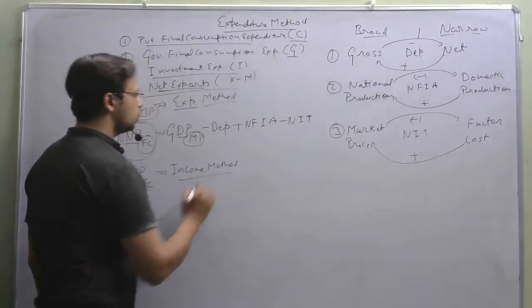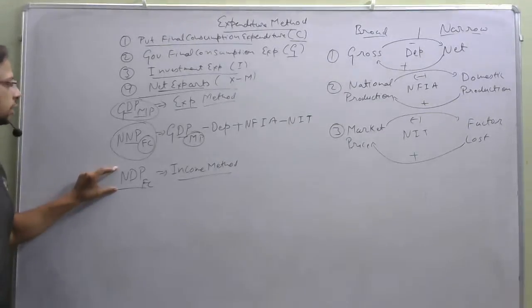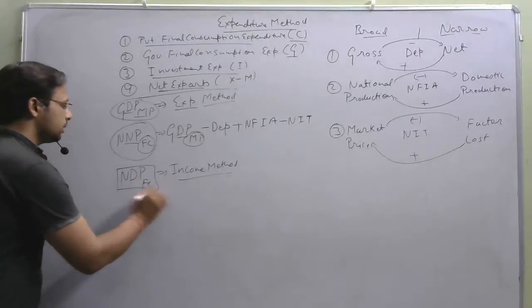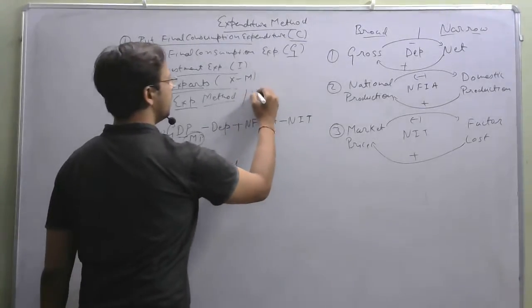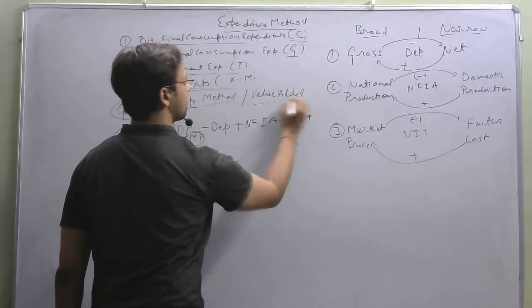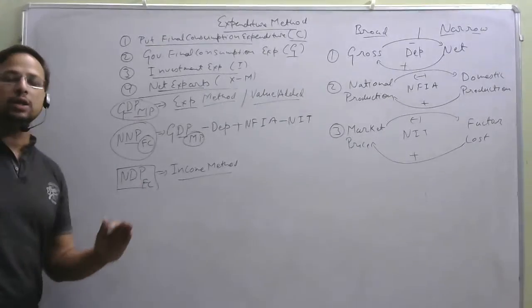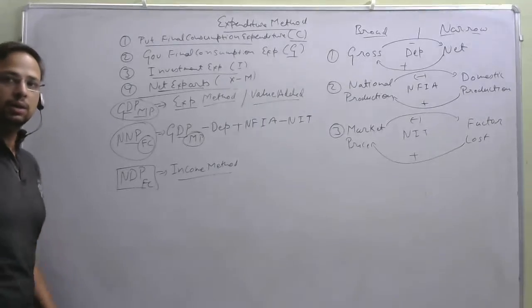Now what you need to do is to convert this to national income, because whether it is the income method, expenditure method, value added method or product method, the value which we get is not national income. We are not getting NNP at FC from any of the methods.